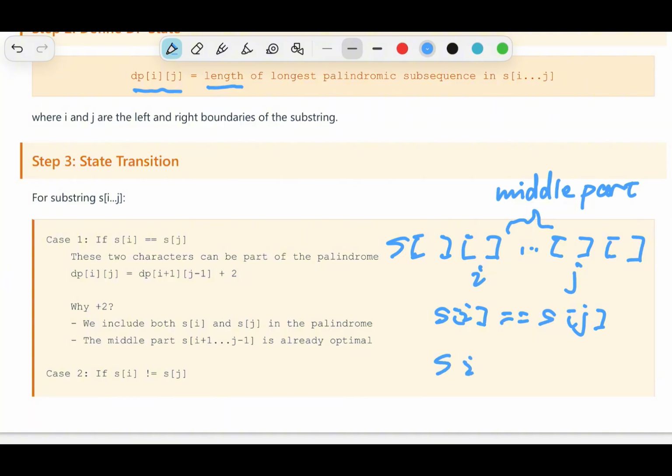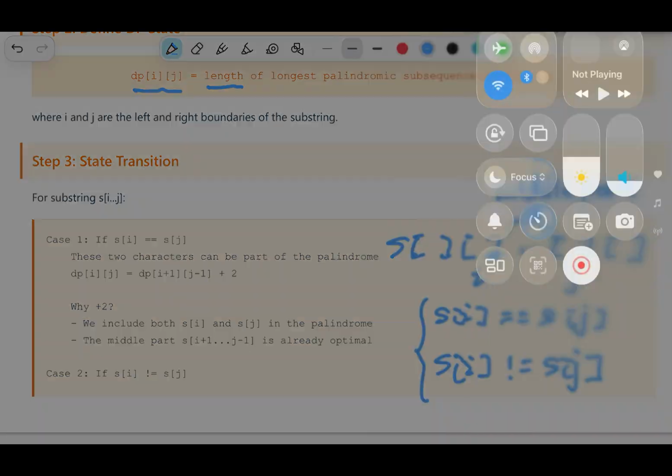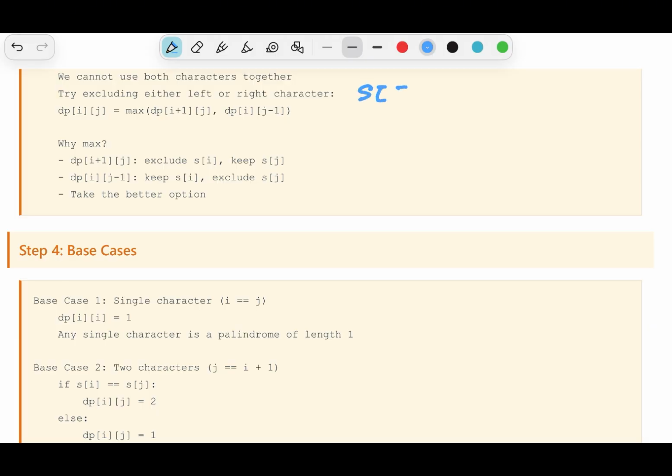Case 2, the characters don't match. Well, we can't use both of them at the ends of our palindrome, so we have to make a choice. We have to throw one away. Maybe we throw away the character on the left, s[i], and see what's the best palindrome in the range i+1 to j. The answer for that is dp[i+1][j].